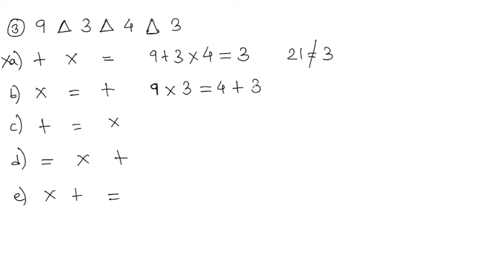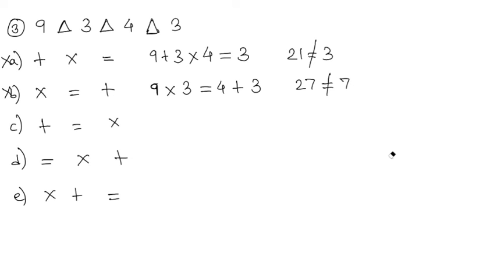Yes, 27 equals, what is 4 plus 3? 7. So is it equal? No, it is not. Correct? So option B is also wrong.